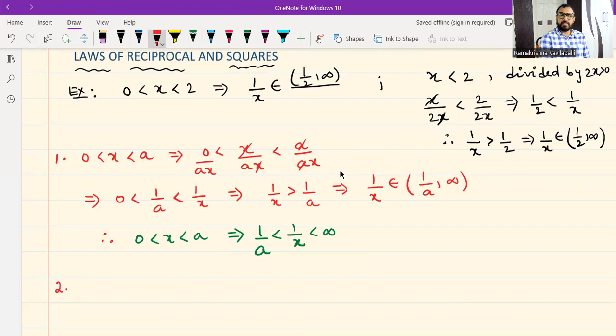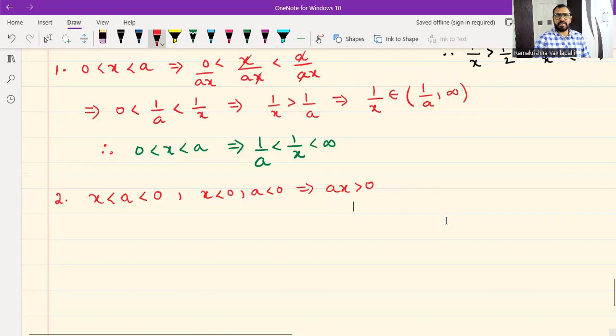What will happen when the quantities are negative? x less than a less than 0. Right? So here x is negative, a is negative. The product of two negative quantities is positive. So ax greater than 0.